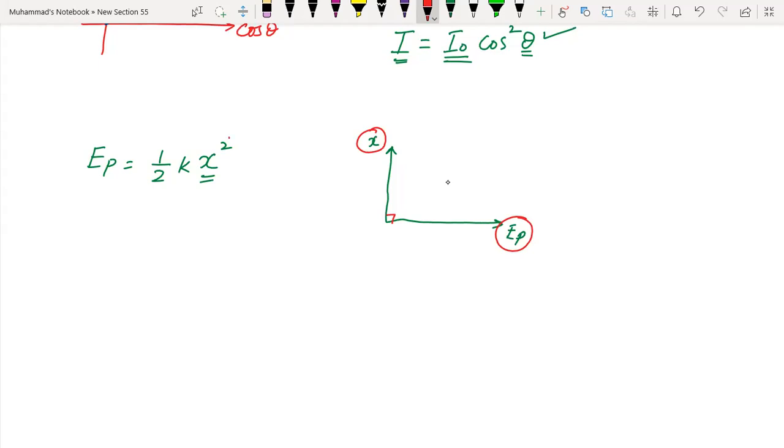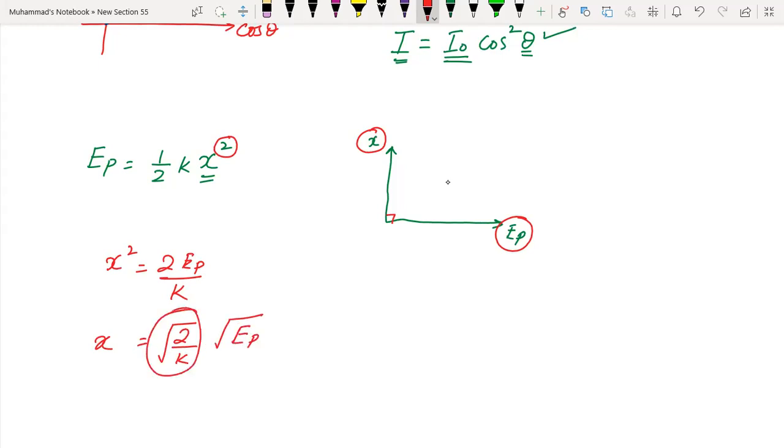So first of all, you have to make x the subject of the formula. So x square is 2 EP over k. And you have to take the square root on both sides, that is square root of 2 over k times square root of EP.